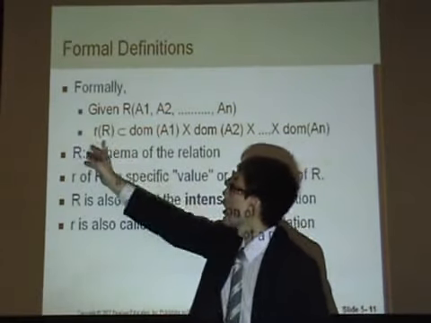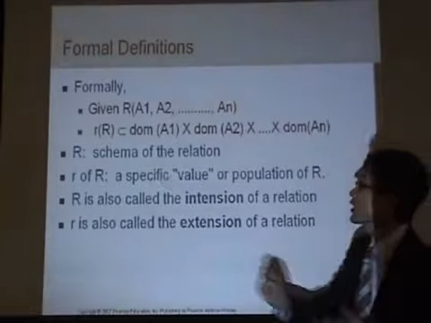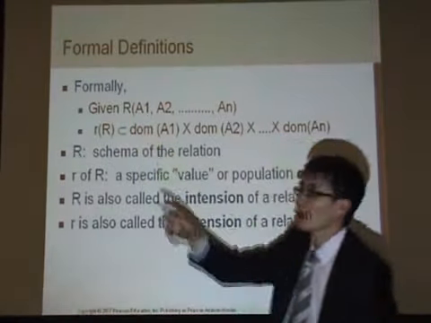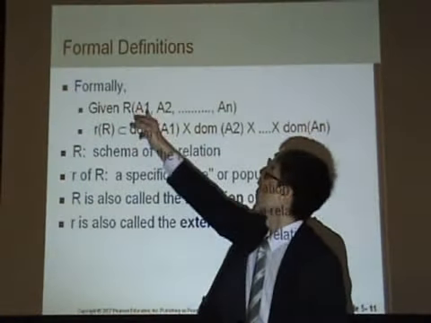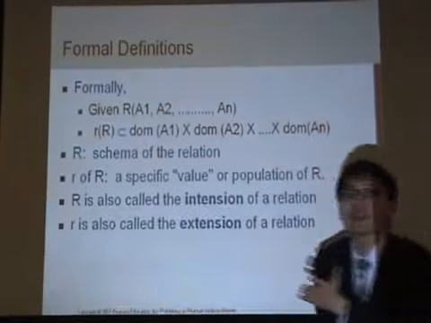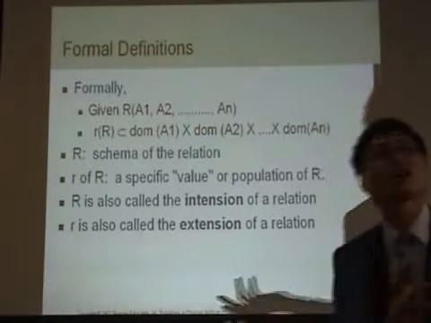Even one tuple, the small r indicates one tuple, is a subset of domain A1. We can pick up one possible value from the A1 domain, then combine with a possible value from domain 2. That's the tuple. So 2 lines is enough to define.